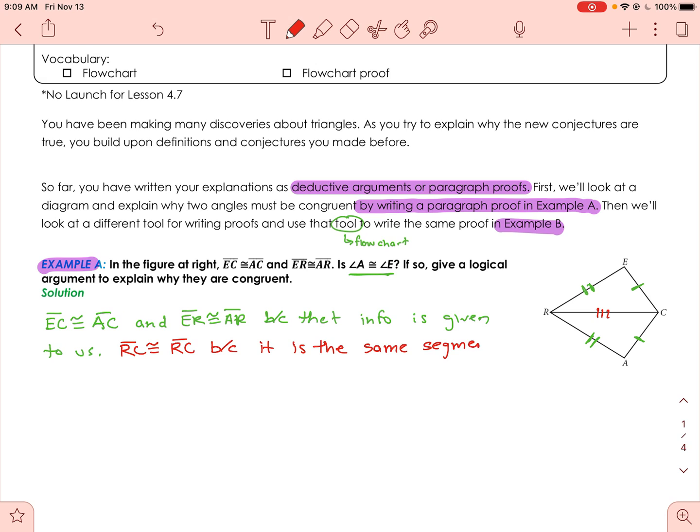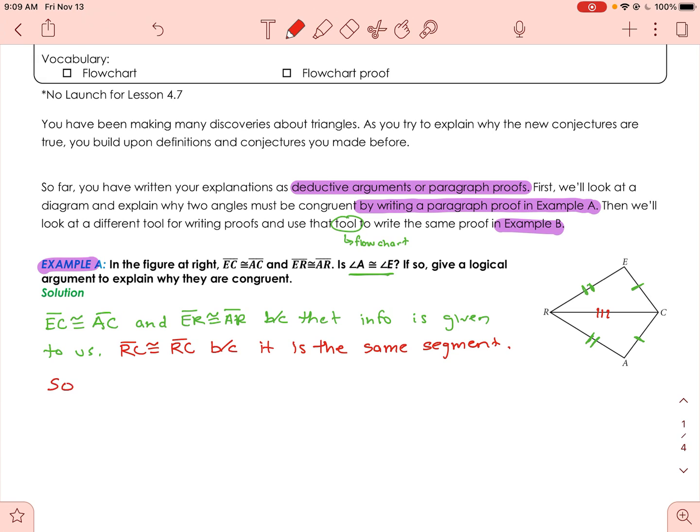At that point, we see that we have corresponding sides that are congruent, and we have 3 of them. So that allows us to say that the 2 triangles are in fact congruent.